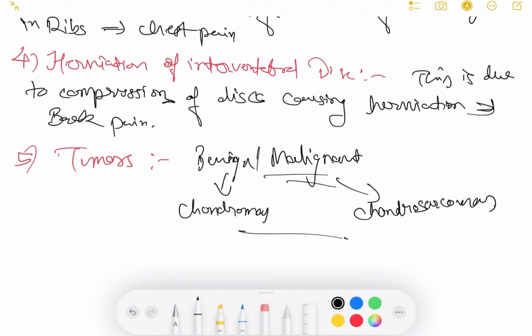I have referred various books and created this lecture because some applications are not given in BD Chaurasia, some theory is not given in Vishram Singh, some is given in other reference books. So I have combined all the reference books and created one concise note and I am explaining from it. It is better you also refer to books and make your own notes, but stick with one book.